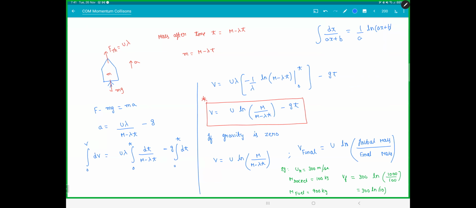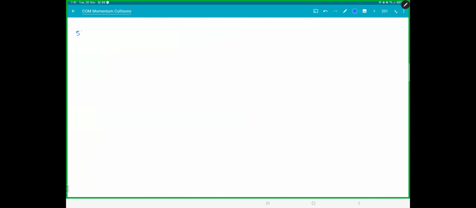Let's see one more like this, a little different one. Let's say we have a rocket which is going with speed v, mass m. This is a gravity-free space.